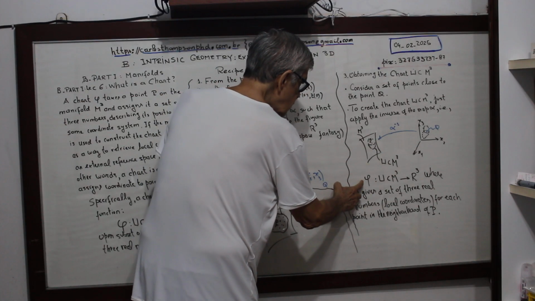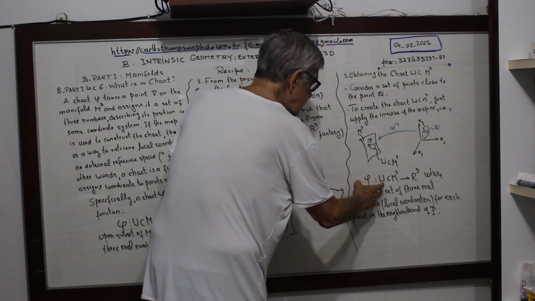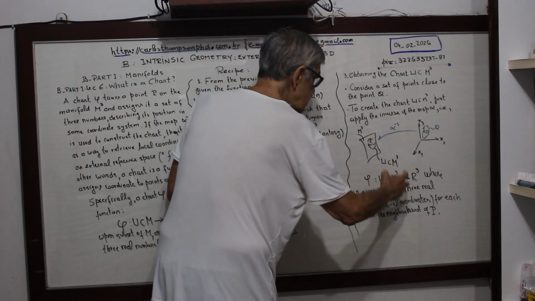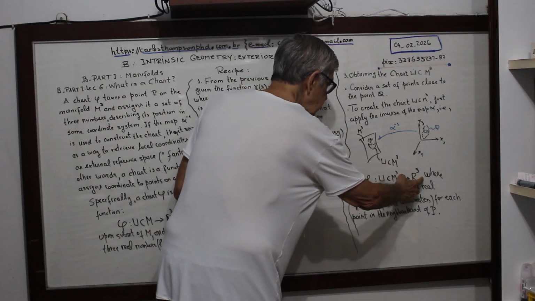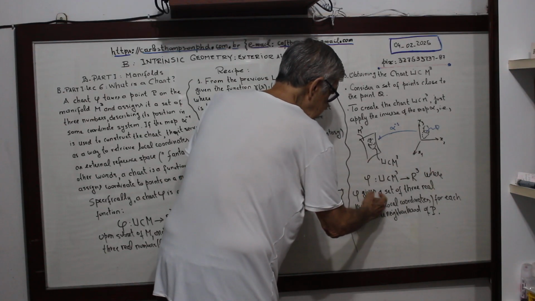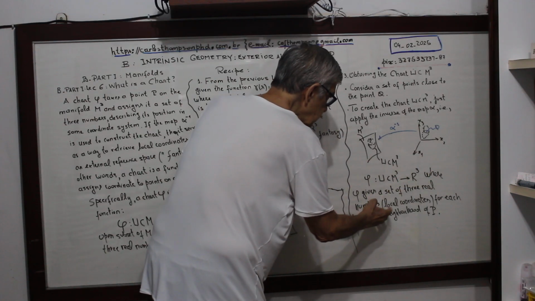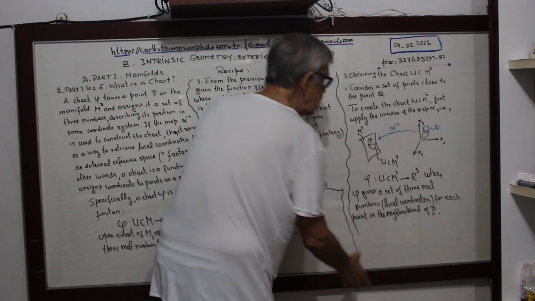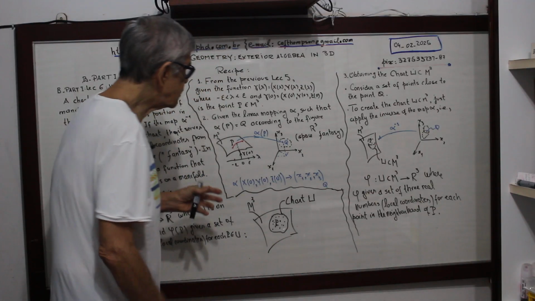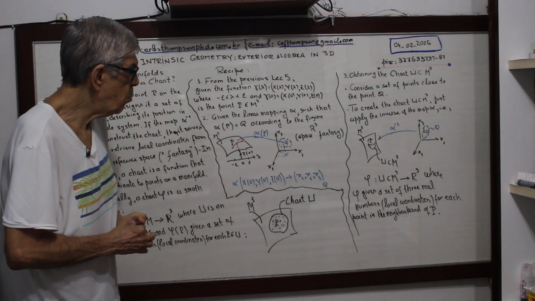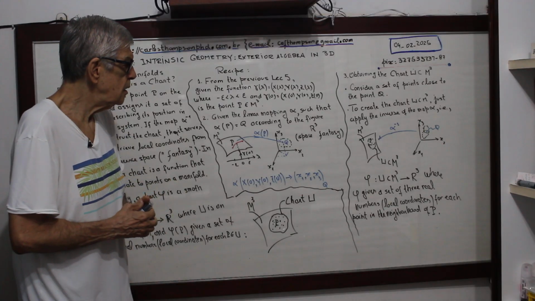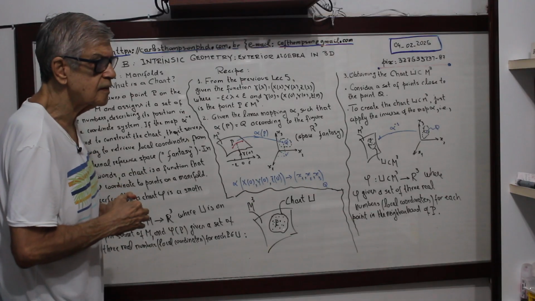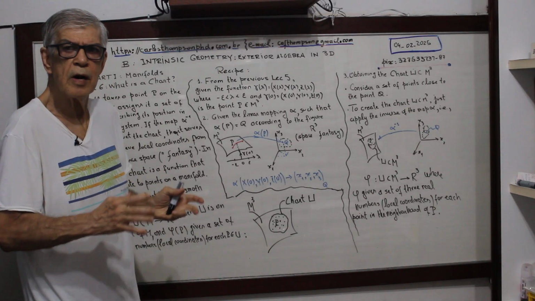Again, this function phi acts on points on U and leads to points in R3, where phi gives a set of 3 real numbers, local coordinates, for each point in the neighborhood of P. That's it. You will see this more clearly in the next lecture, where we apply this lecture 6 to a numerical example.